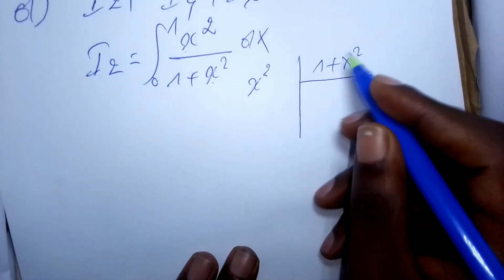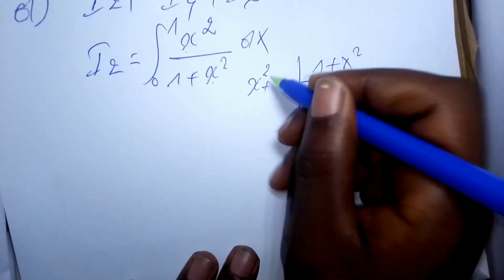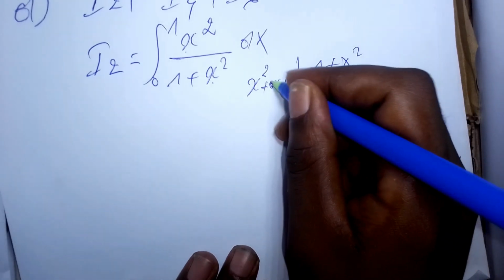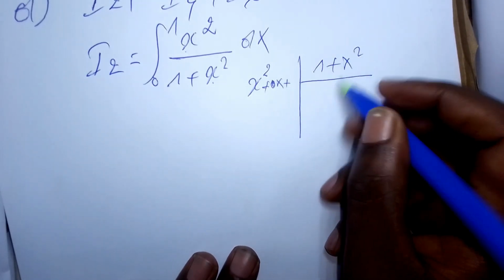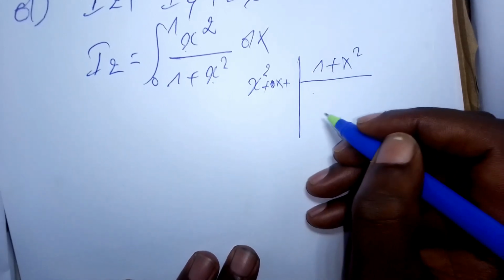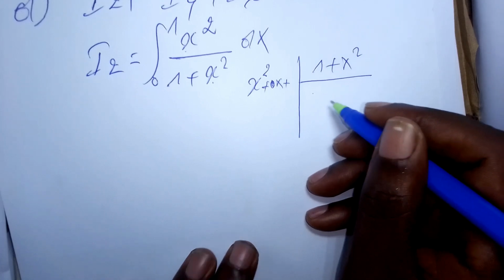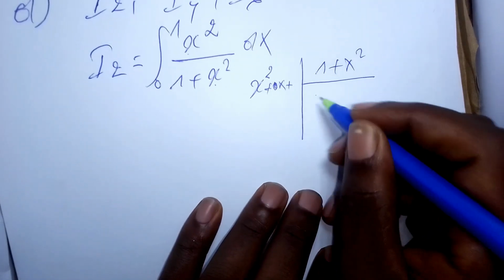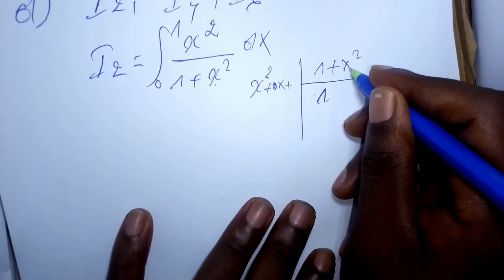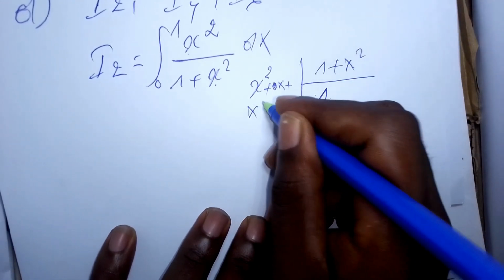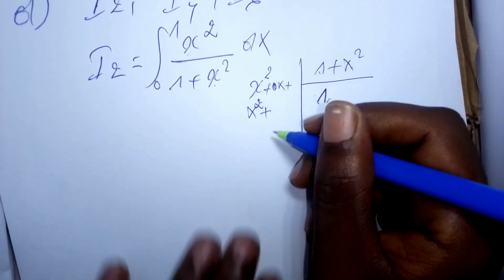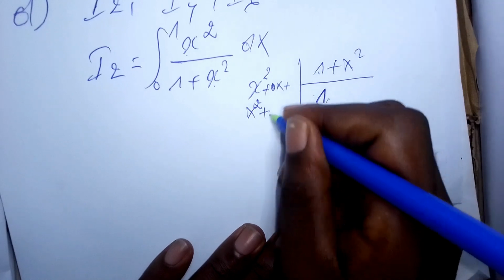This is 0x plus other things, so 0. Here we put 1 times x squared plus 1.